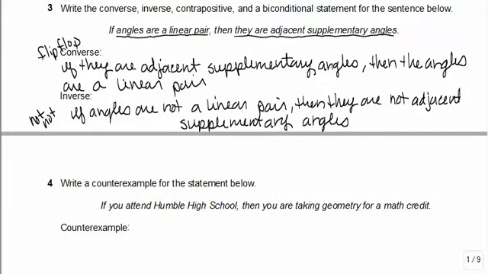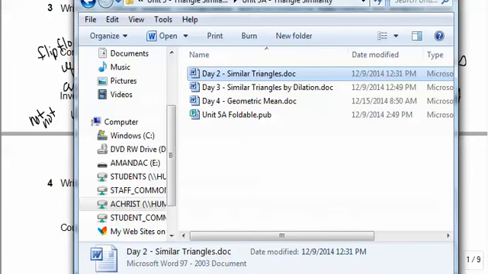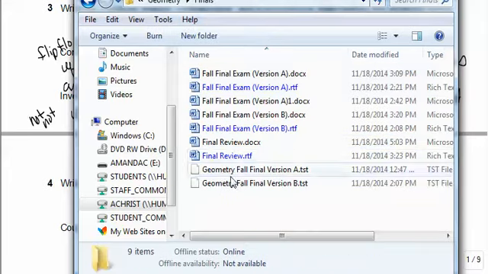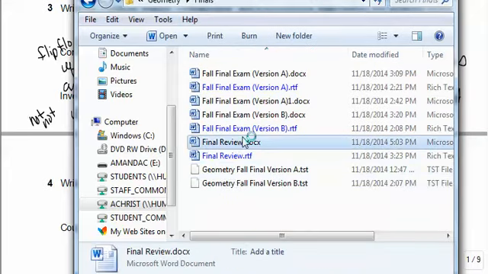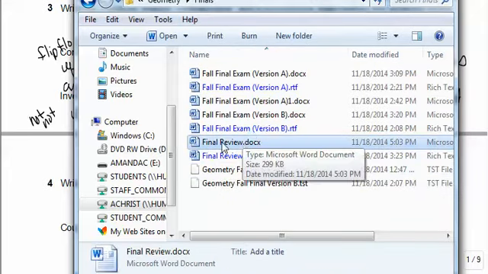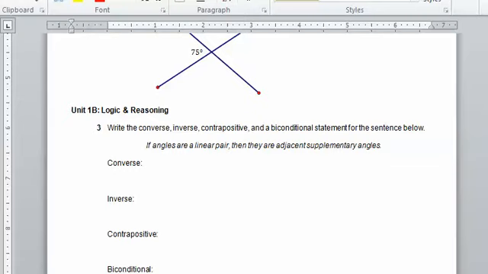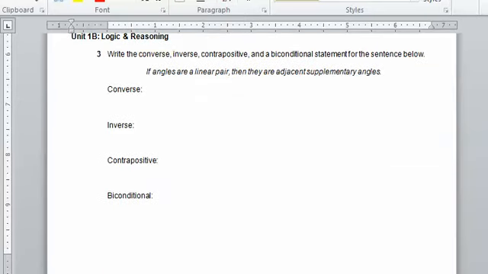I feel like there should also be the contrapositive on here. I don't think this printed right. Let me see. Ooh, it didn't.